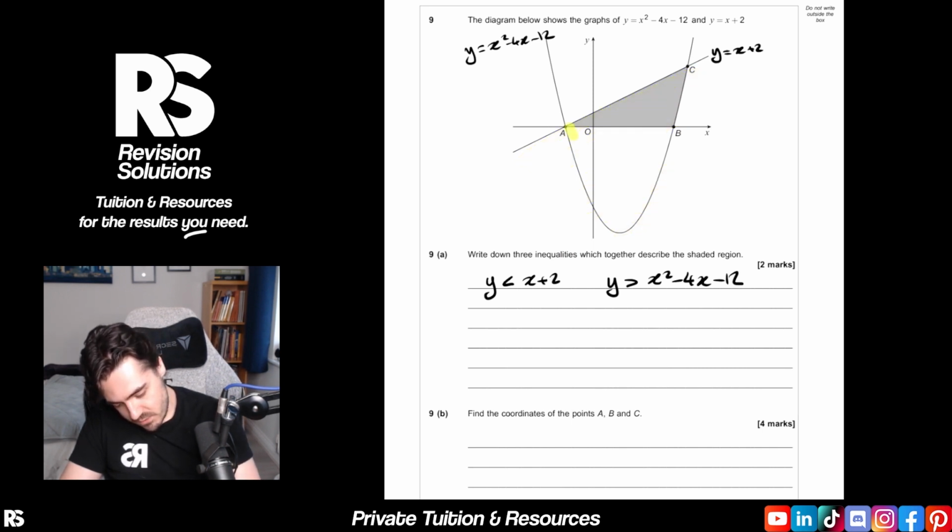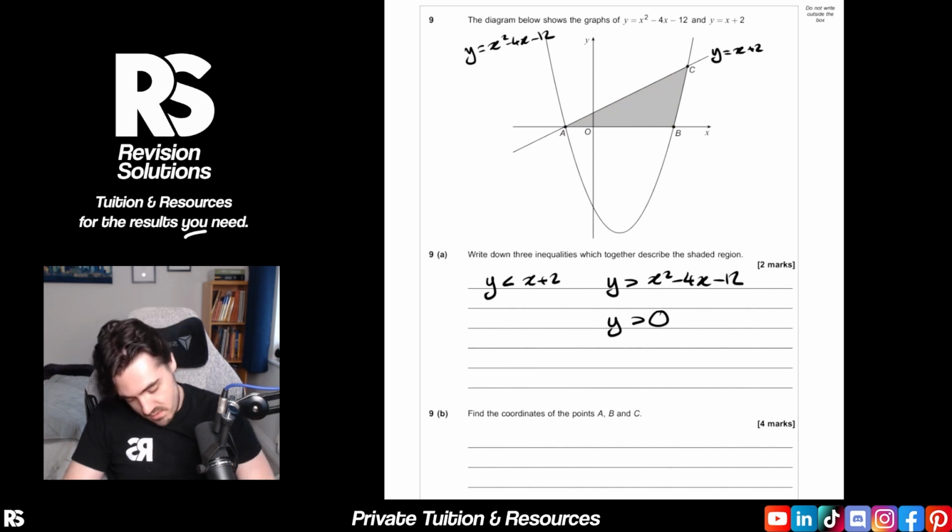So that would be just all the points that lie in here. But we have to find a way of getting rid of all these points. But the thing we notice about all those points is they're all less than 0. So the last thing to add in to get rid of those would just be y must be greater than 0.